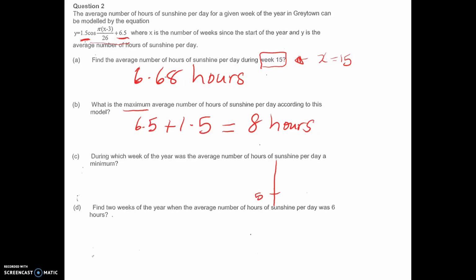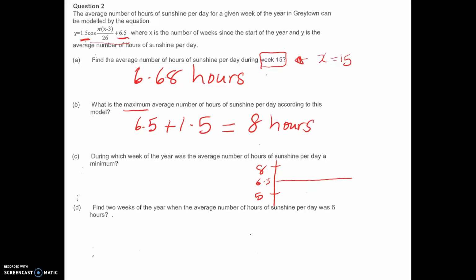Five is the minimum and max is 8. So the mean value is halfway between those two, which is 6.5.